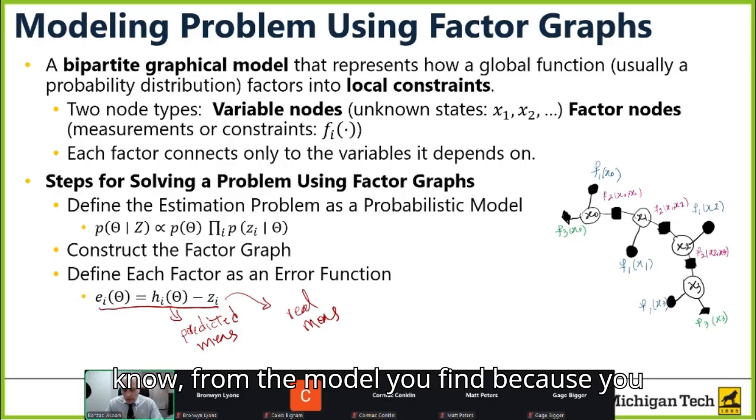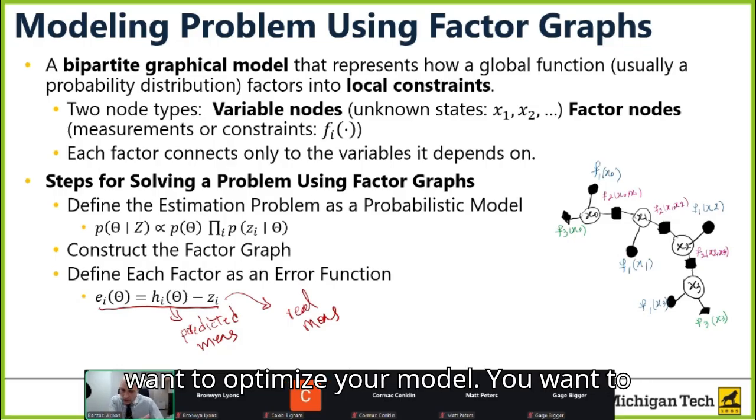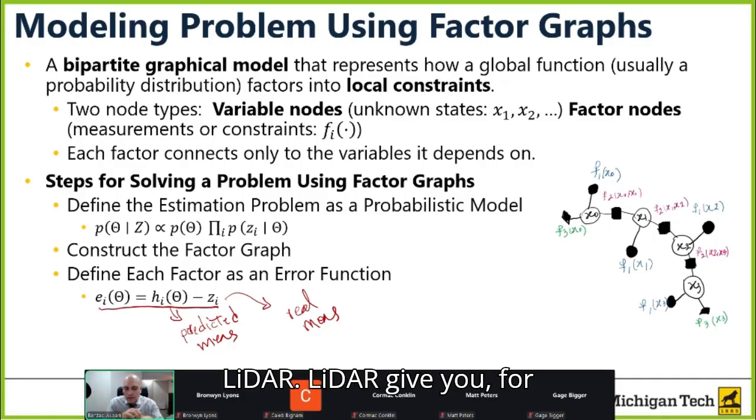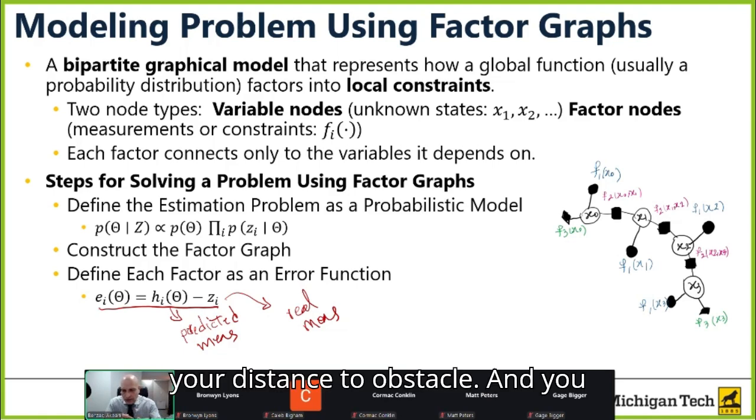Because you want to optimize your model, you want to make its theta better, but at the same time you read some information from the sensor. For example, lidar gives you the distance to an obstacle, and at the same time you predict your distance to the obstacle, and you compare these two and find the error. So the error is something that you want to optimize.